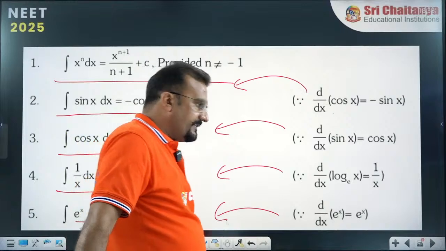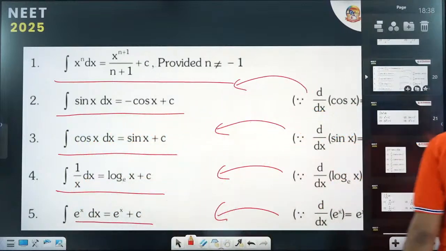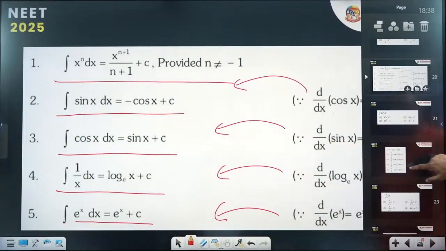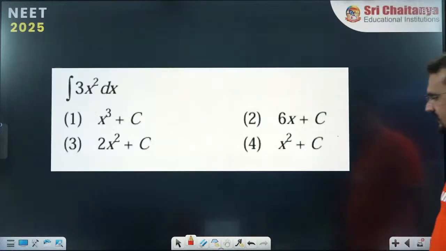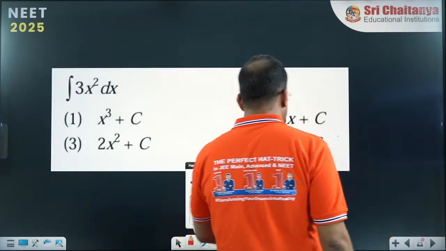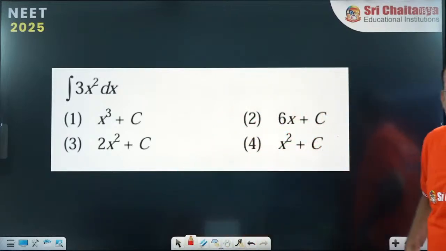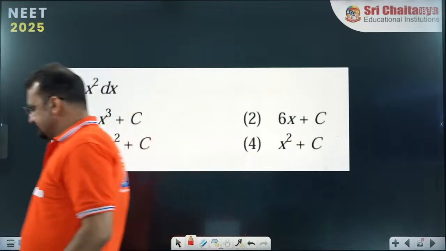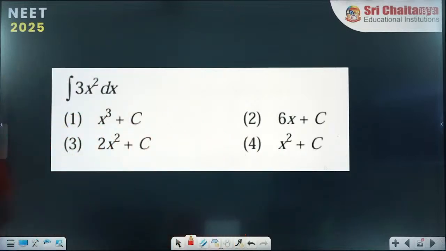Done? Okay, let us do some questions. Ready? Yes, some really mad questions. Be ready for that. Yeah, question number 1. Let us start. What is the answer? Three x square dx integration.